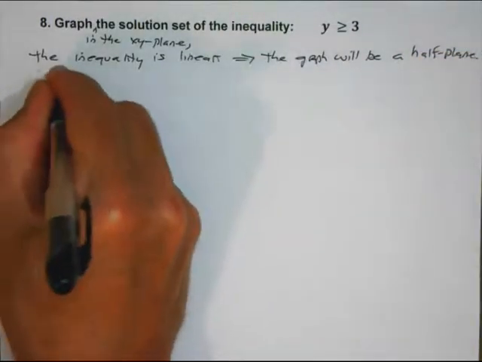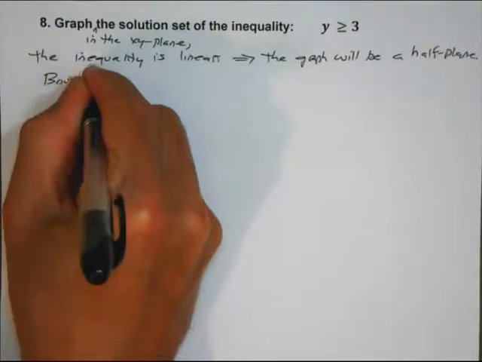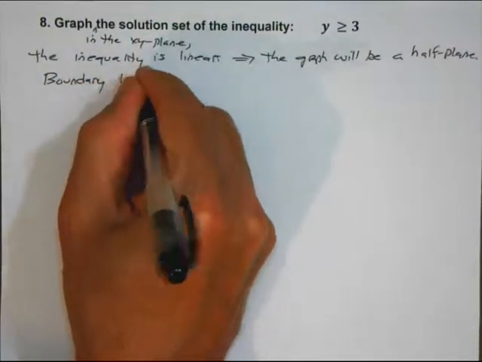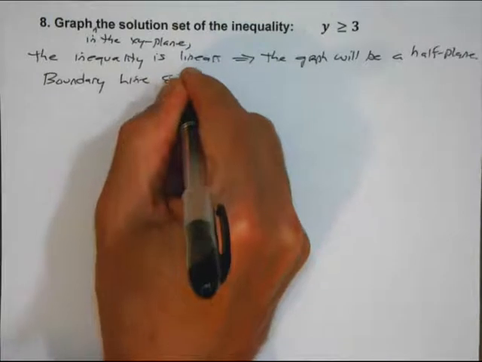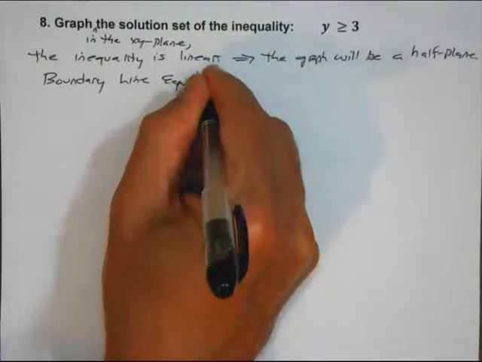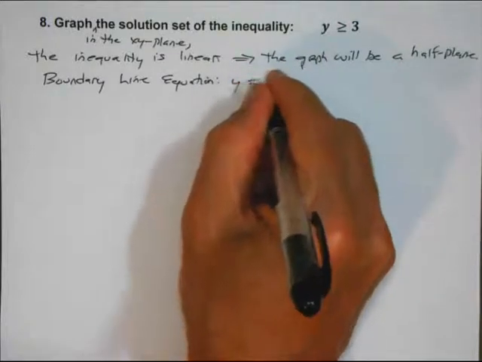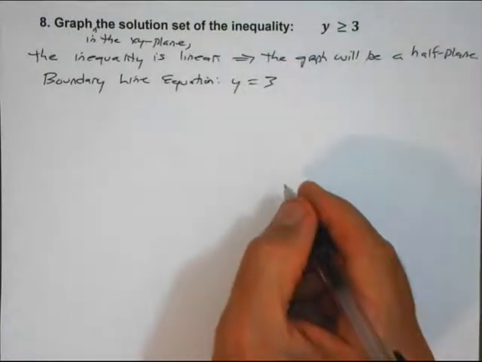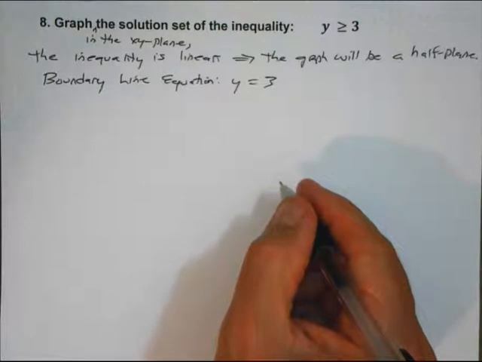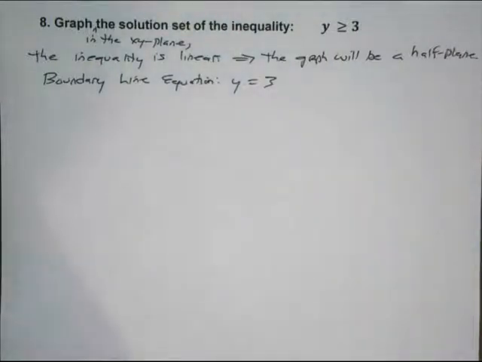Okay, the boundary line equation would be the equality case of this, y equals 3. That's a horizontal line with a y-intercept at 0, 3. Okay, we could sketch that up easily.